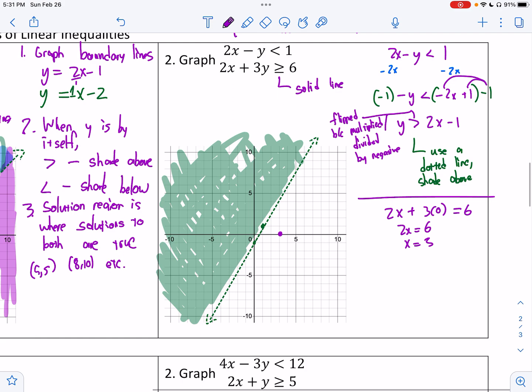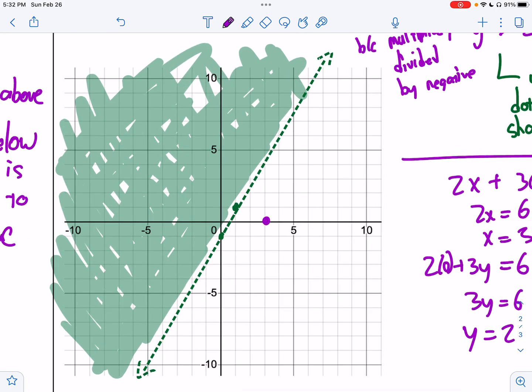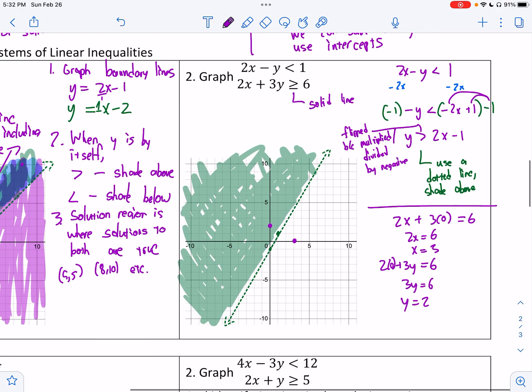And my y-intercept is when x is 0. So then 3y equals 6 and y equals 2. Now I use a solid line because it's greater than or equal to.